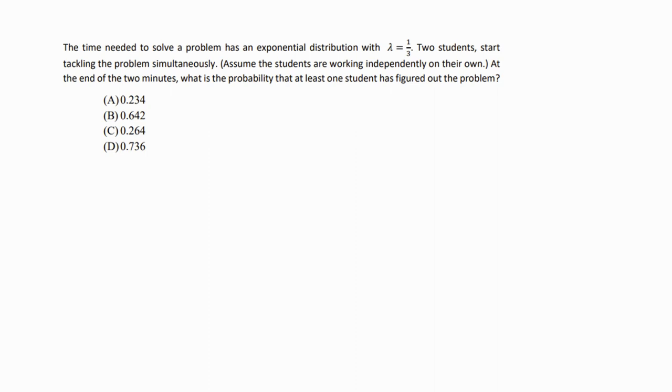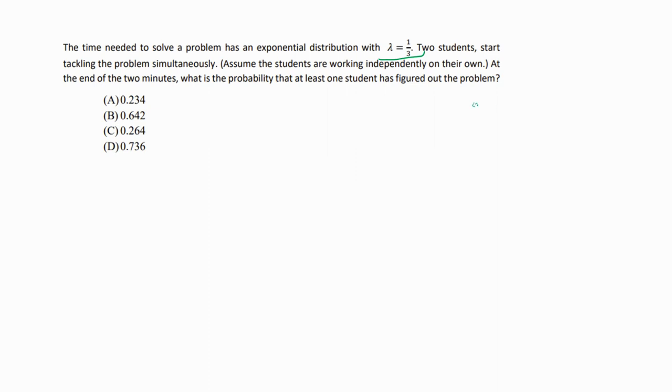At the end of 2 minutes, what is the probability that at least one student has figured out how to solve the problem? What is given here is that lambda is equal to 1 by 3.